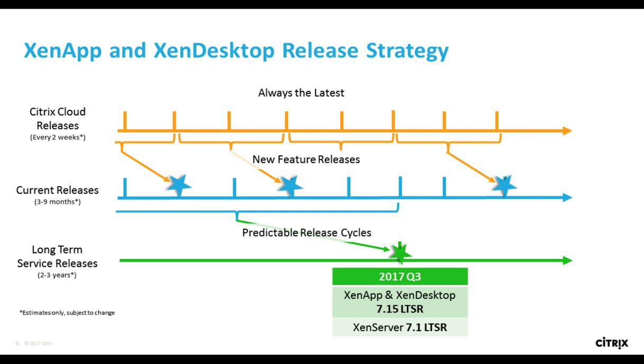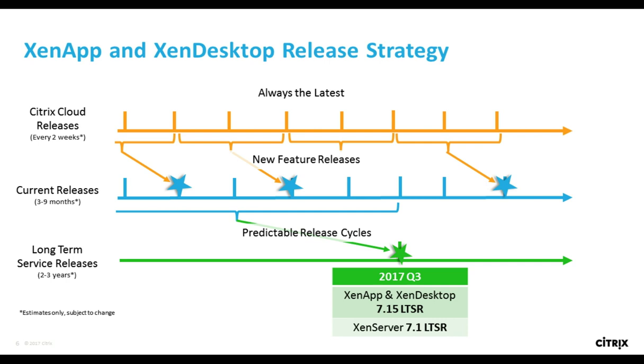And the Long Term Service Release, the LTSR, occurs less frequently, every 2 or 3 years, that's the expectation, and is designed for customers to implement and remain on for 4 years to come, up to 10 years, as I mentioned previously, with cumulative updates containing fixes made available over time.